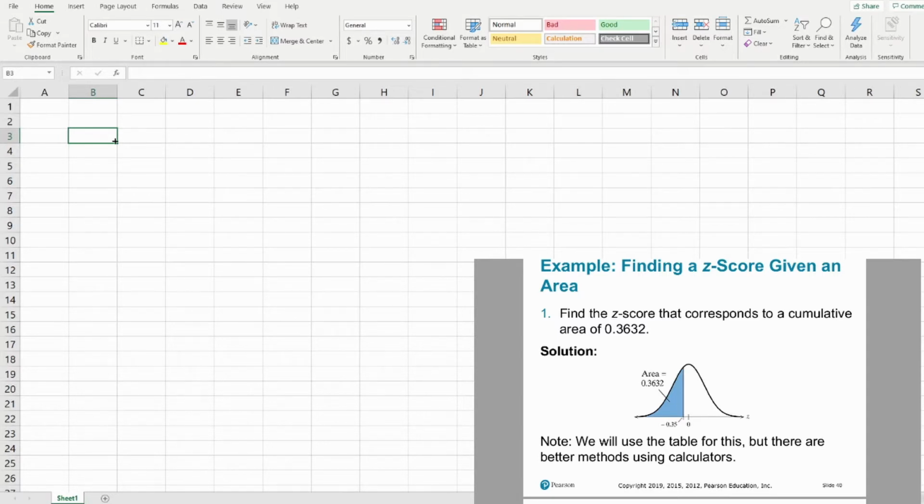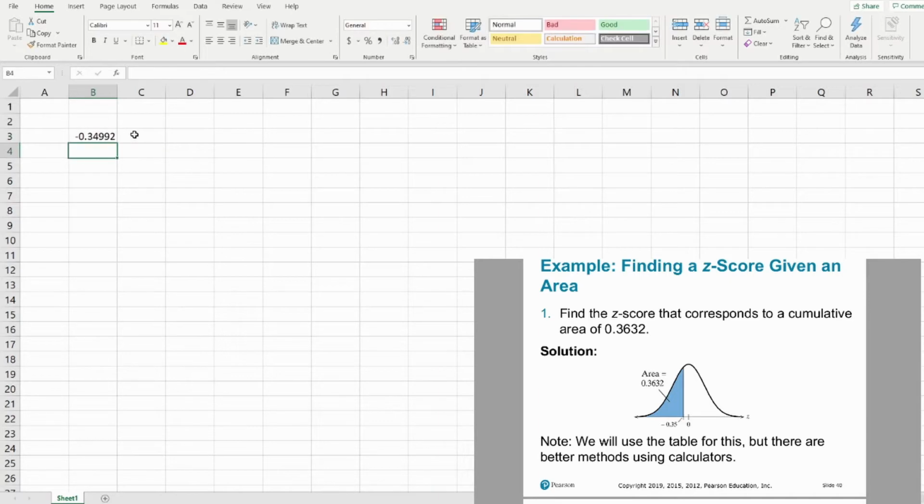This will require the use of one of our norm.inverse functions, specifically norm.s.inv, for when we're dealing with z-scores, that is the standard normal distribution. So for that, you'd put in equals norm.s.inv, open parenthesis, and then the area to the left. Very importantly, this only goes to the left.